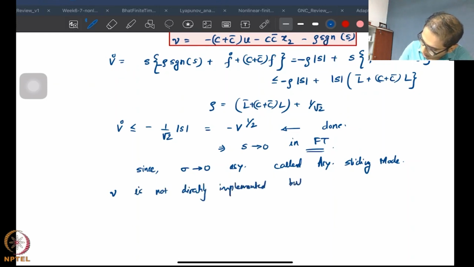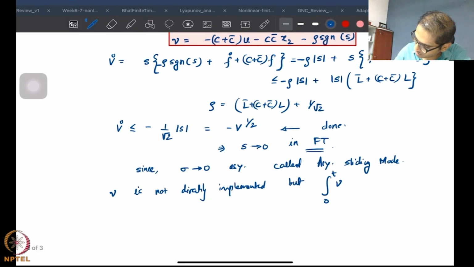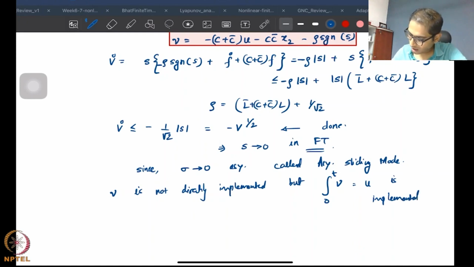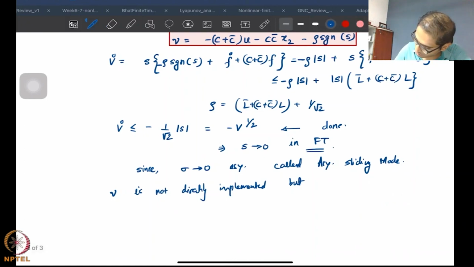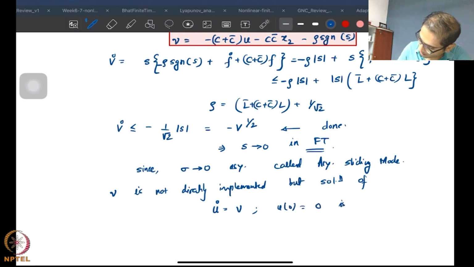Rather, the solution of u dot equal to V with initial condition 0, the integral of V from 0 to t, is implemented. And that's a good thing.